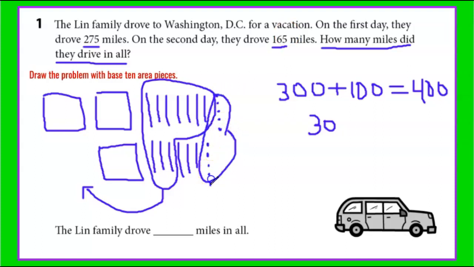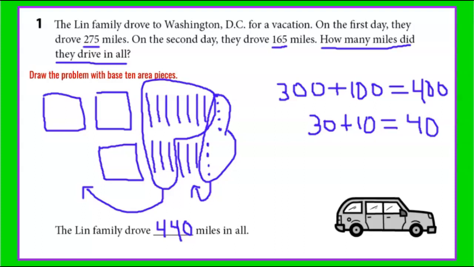I'm actually going to turn them into a 10, so I'm just going to move them over with my arrow to my tens, and I'm going to say 30 plus another 10 equals 40. And I don't have any other ones, so I can just add up my 400 plus 40 is 440. So they have driven 440 miles in all.